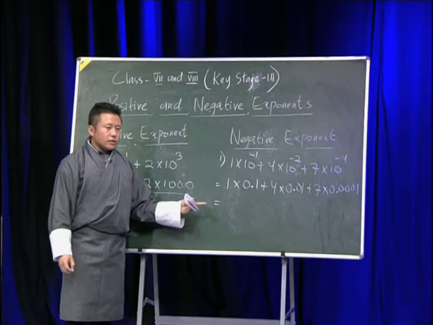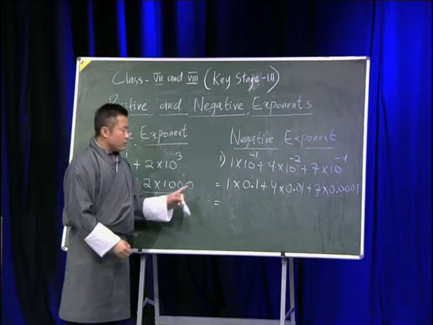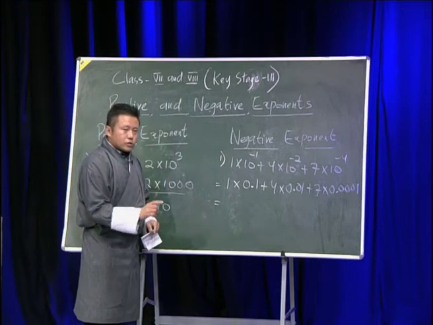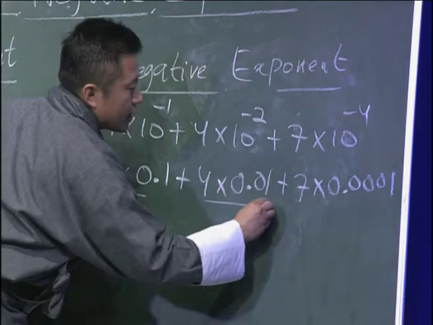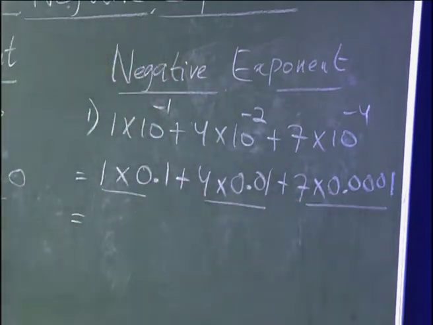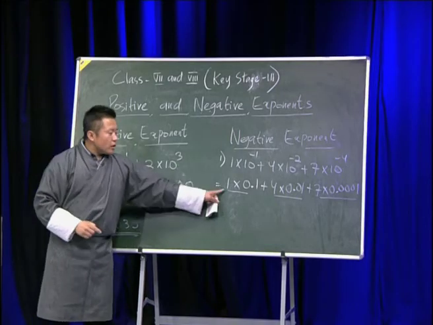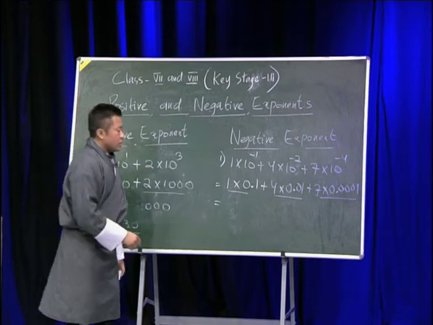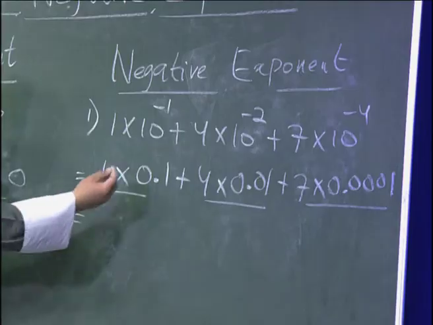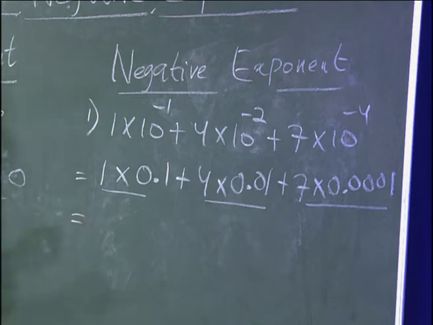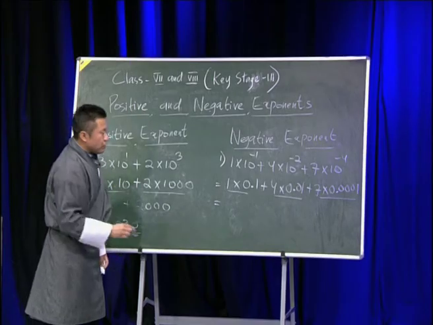Now same like we'll follow the order of operation rule. First you have to do the multiplication. And this time the difference is you are multiplying a whole number and a decimal number. Everything is same when you multiply the whole number and decimal number, but you have to be careful where to put the decimal points.